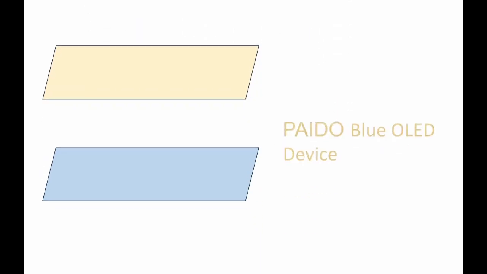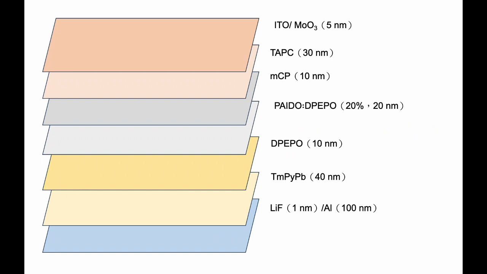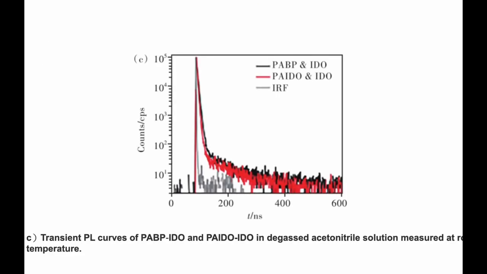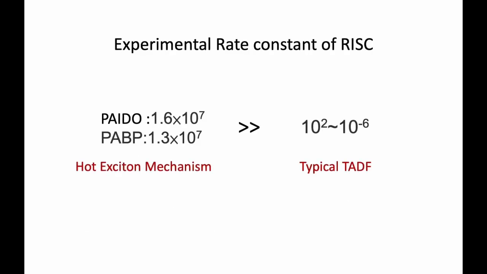What follows is the structure of the blue OLED devices they fabricated using the two materials. And the last is the photoluminescence curve obtained using these two devices. By data analysis, researchers obtained the rate constant of the RISC processes in the two materials.